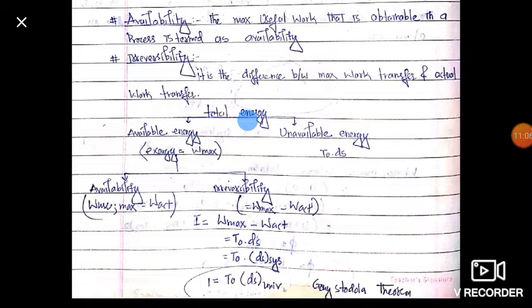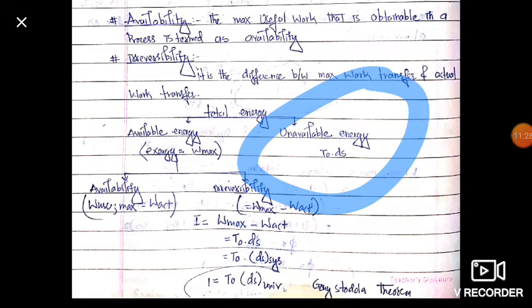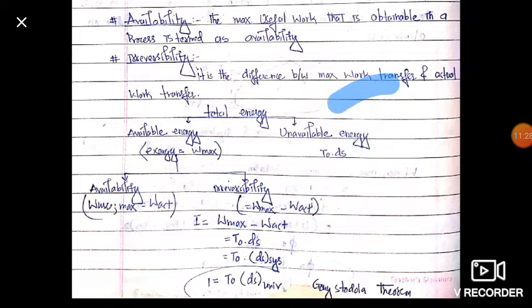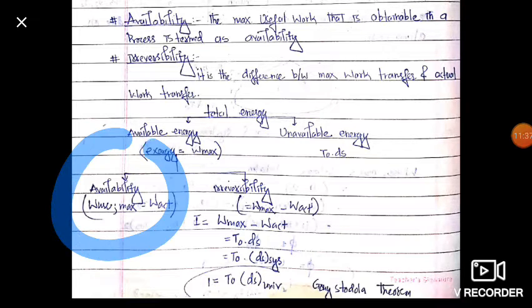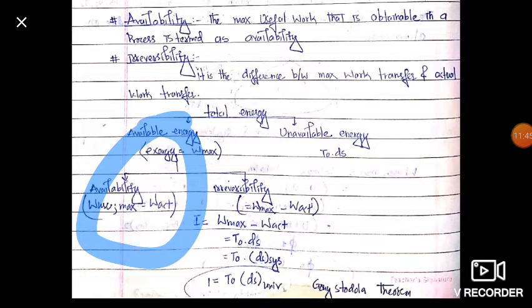Okay friends, now here total energy is divided into available energy, which is also known as exergy, which is W max, and unavailable energy, which is rejected at our sink in case of heat engine, and is T naught ds. This is due to our environment irreversibility. Now friends, this available energy is divided into two types: availability and irreversibility. What is availability? It is maximum useful work, which is actually what we are getting from our processes.